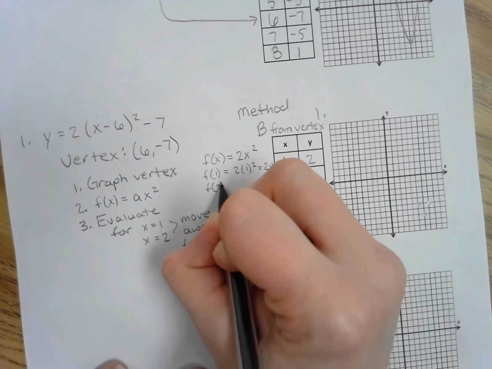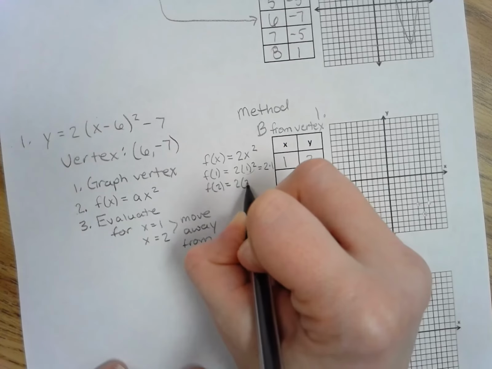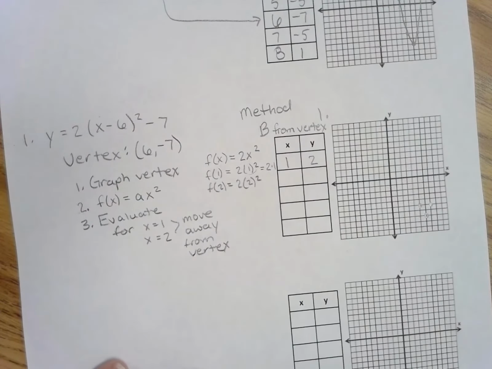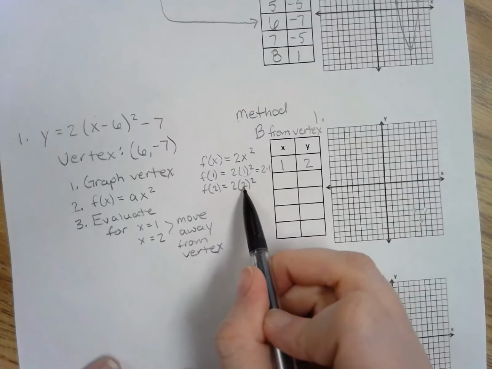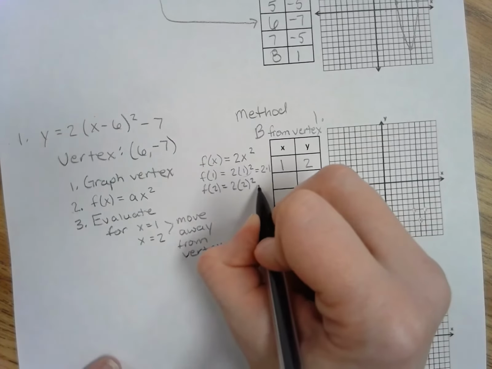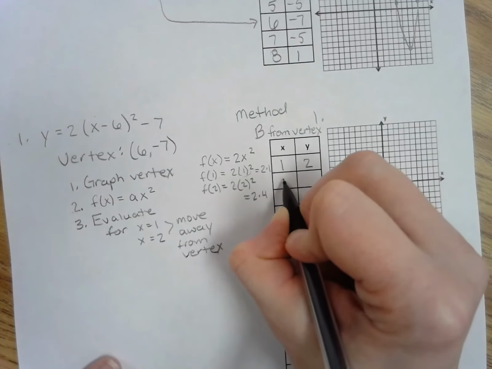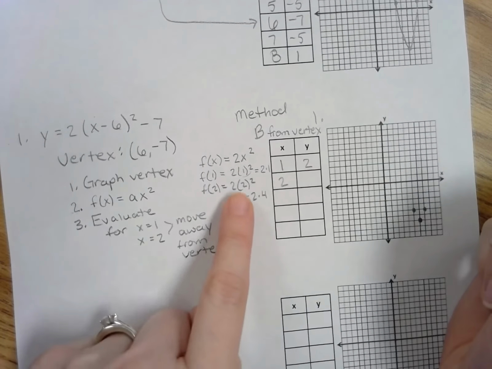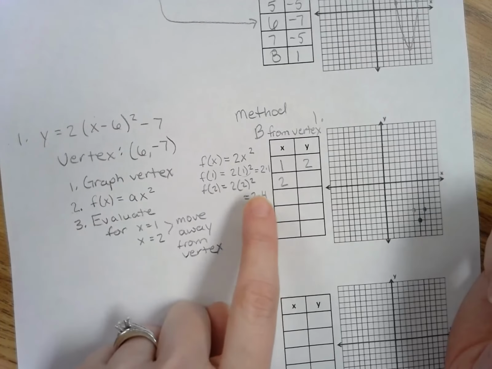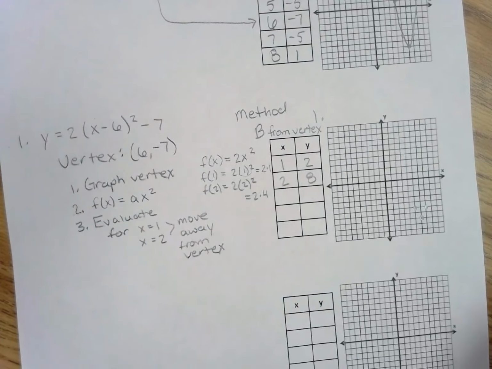If we do f of 2, we're going to plug in a 2 and square it. Remember, exponent properties first. So 2 squared is 4, and 4 times 2 is 8. So we're moving 2 places away for our x, and 2 times 4 is 8, so we're going to move 8 places away for our y.